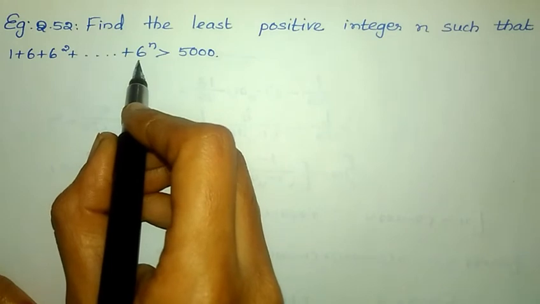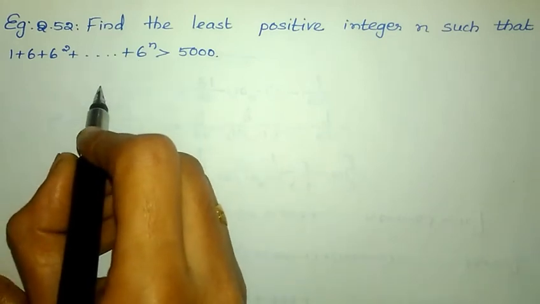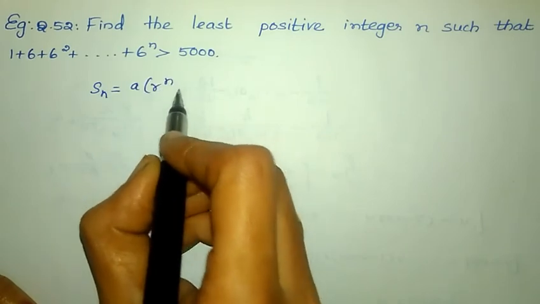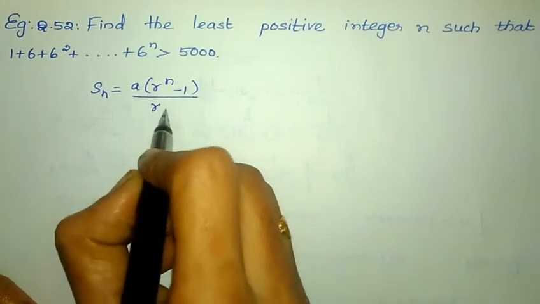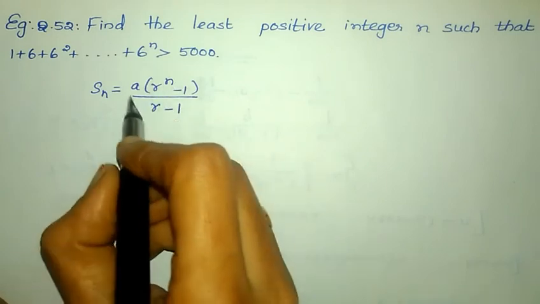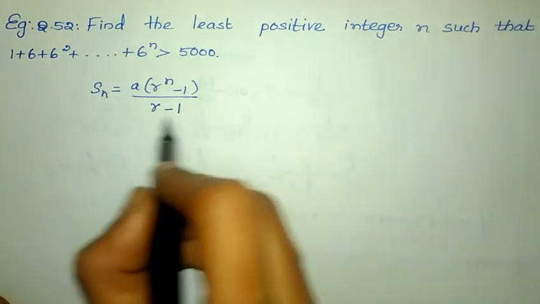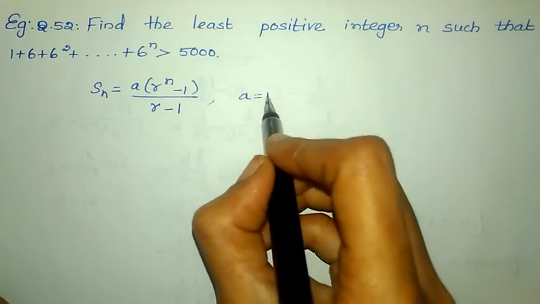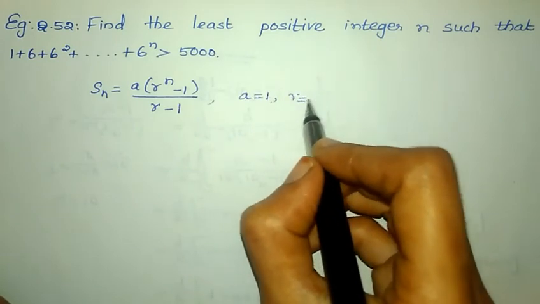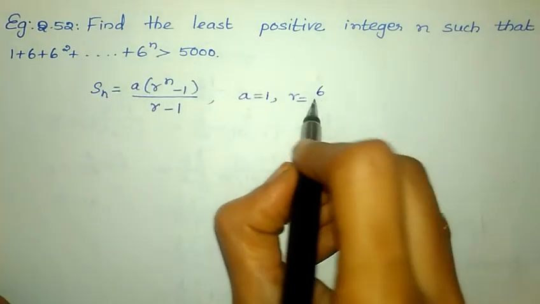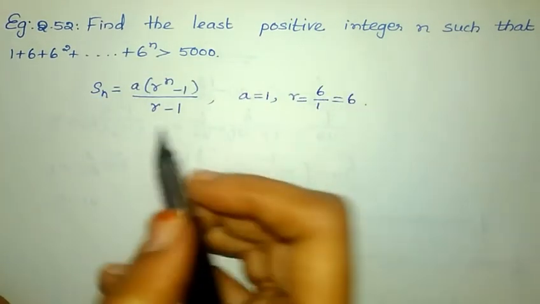Here we have n terms. So the formula is Sn is equal to a into r power n minus 1 by r minus 1. So apply this formula for this GP. Here a is 1 and r is second term by first term, that is 6 by 1, which is equal to 6.